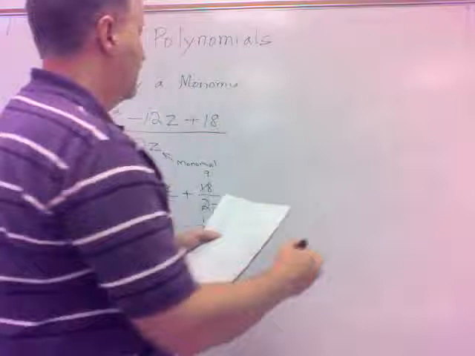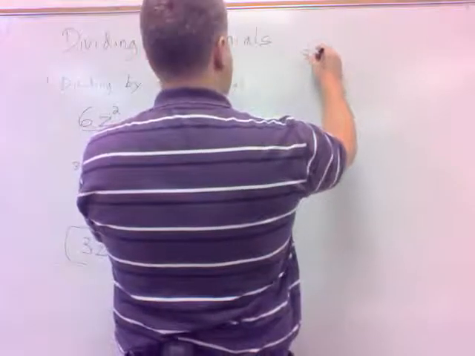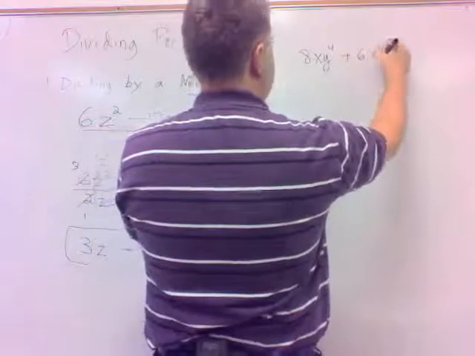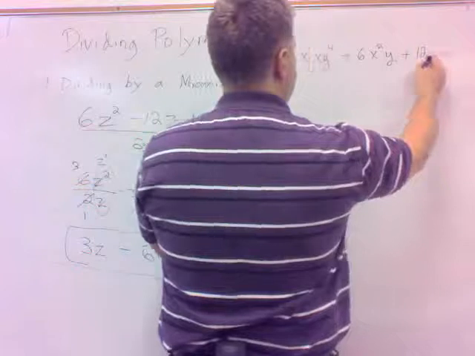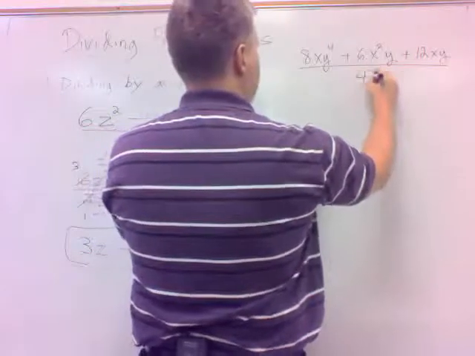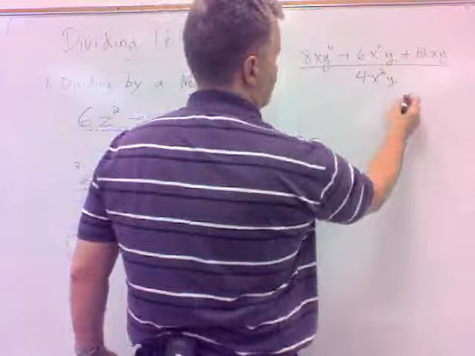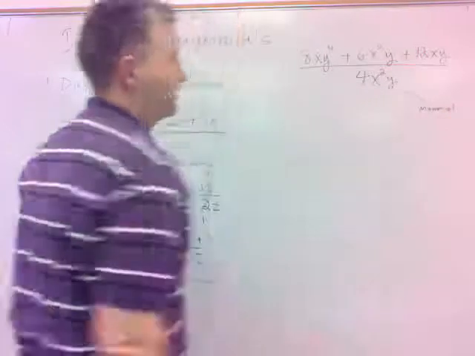All right? Okay, so what about 8xy to the 4th plus 6x squared y plus 12xy divided by 4x squared y. So again, I'm dividing by monomial, one term only.